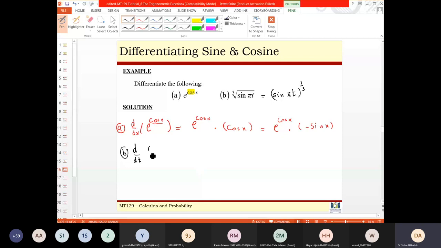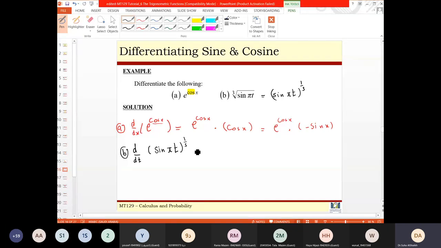I'm differentiating the sine of pi t to the power third. Notice that the variable is the t, so the pi is a constant here. Pi is constant like any other number, like 2 or 3. It's a number here, so my variable is the t.